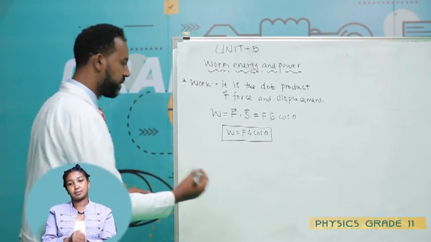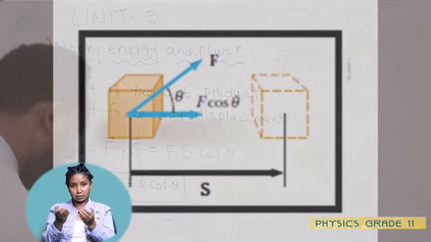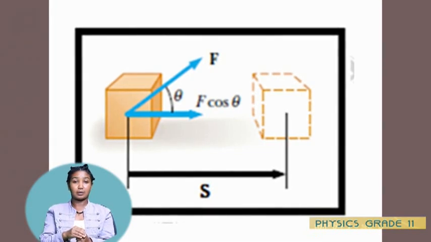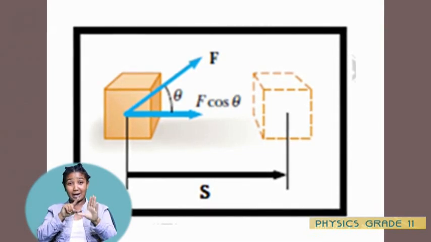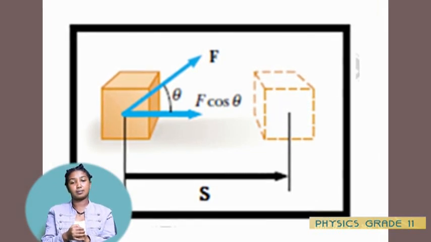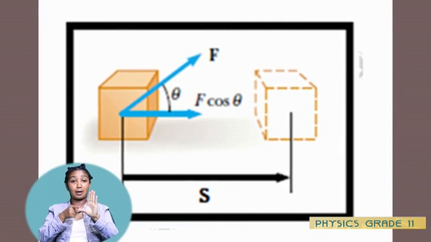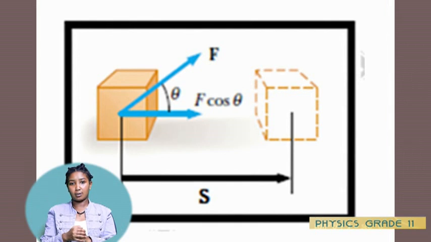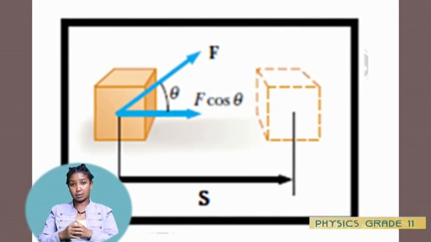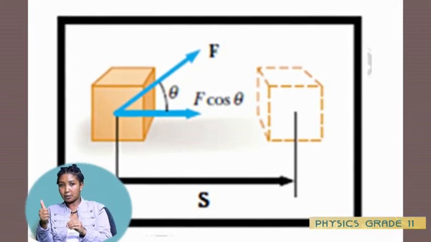Let's take a massive body here, a box, for example. Suppose a force is exerted on this box at an angle of theta from the horizontal, which is horizontal to the surface. As this force is exerted on this massive body, it might be displaced from this point to some other location.